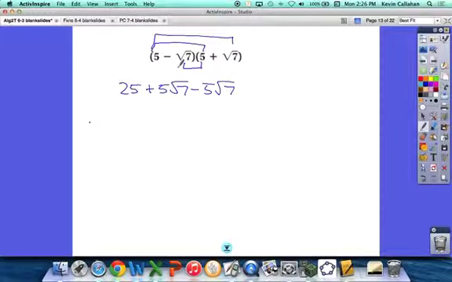And then minus the square root of 7 times the square root of 7 is minus 7. Now the 25 minus 7 is 18. The 5 root 7 minus 5 root 7 cancel each other out. So the answer is 18. So did you notice anything similar between the two factors?